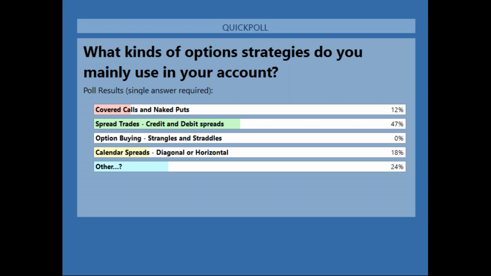No one lists option buying as their main approach. And 18% of you are doing calendar spreads, what might be referred to as the poor man's covered call, for example. And 24% of you are practicing some of these other strategies, whether you're following an advisory service or, again, you're trading one of the other strategies that I mentioned going forward.